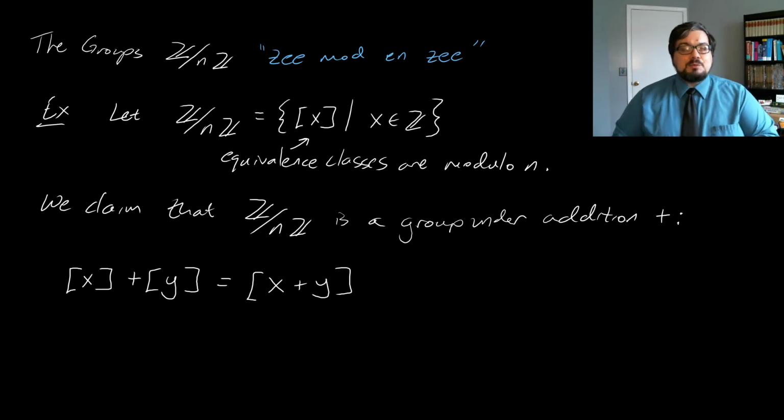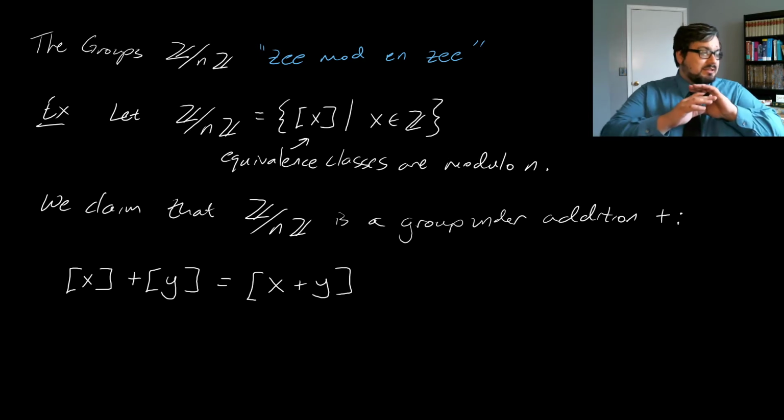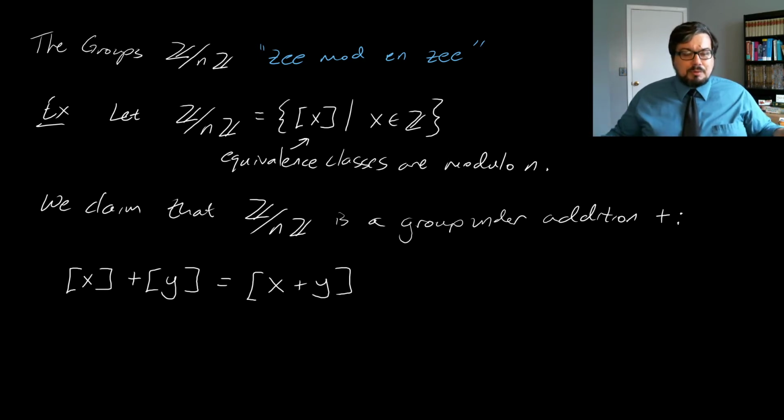Now, when we do this, we have to be really careful. Before we check any of the group properties, we need to make sure that this operation makes sense, is well defined. In particular, we need to make sure that if I choose a different representative for, say, the first equivalence class and a different representative for the second equivalence class, then we still wind up with the same equivalence class at the end.